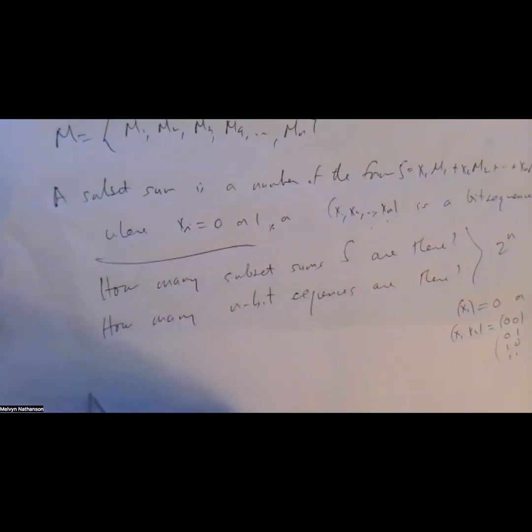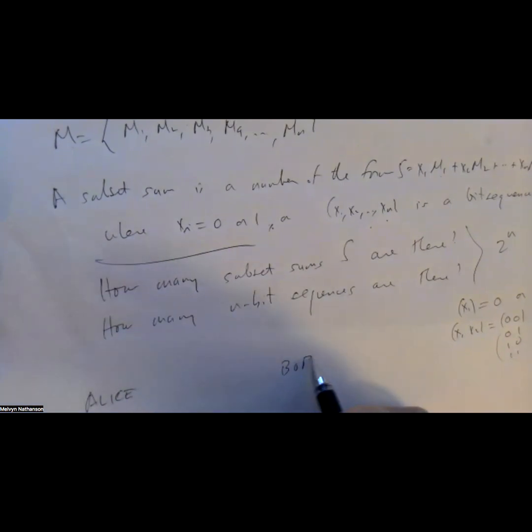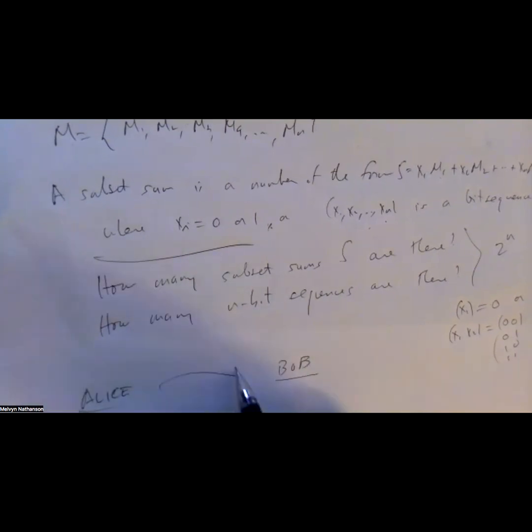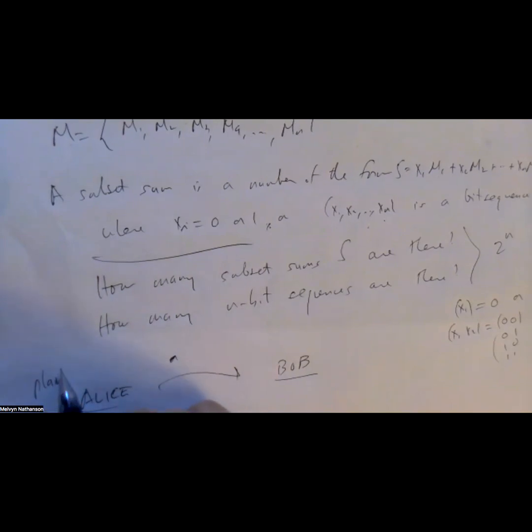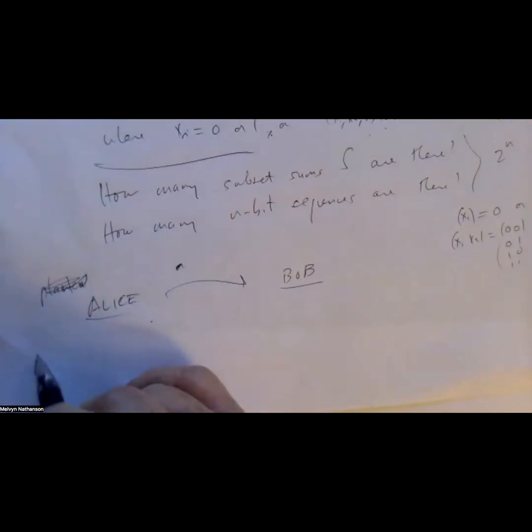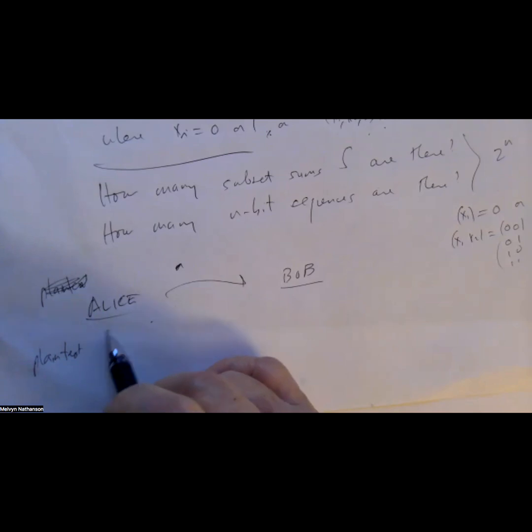Okay, so suppose we have the following. I'm Alice. I want to send a bit sequence to Bob. So my plain text, what I'm going to start with, is an n-term bit sequence.